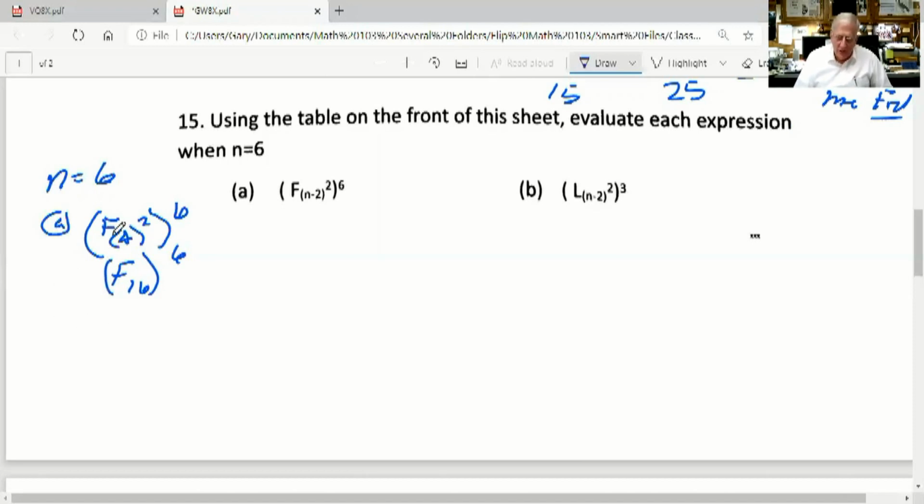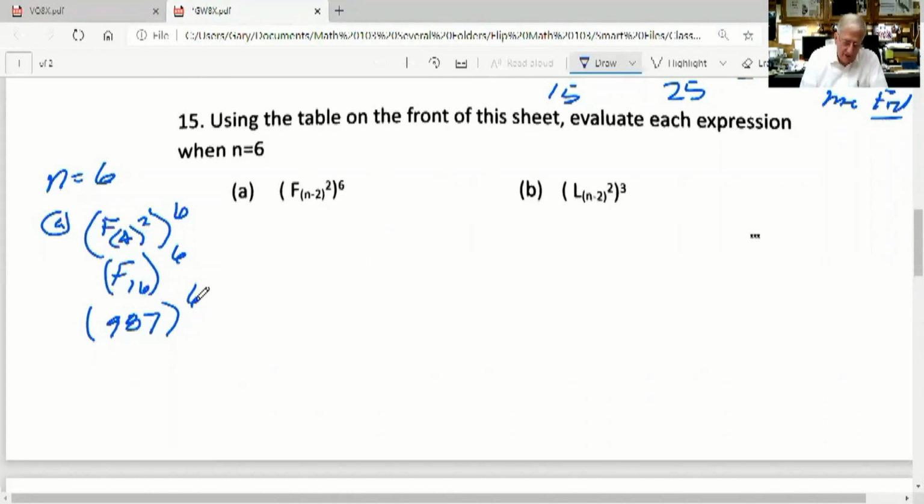F16, the 16th Fibonacci number, is 987. I didn't have to look up the 4th Fibonacci number, right? Because I have to square the subscript, because these parentheses are around the subscript. So now what I have to do is take 987 and take it to the 6th power.